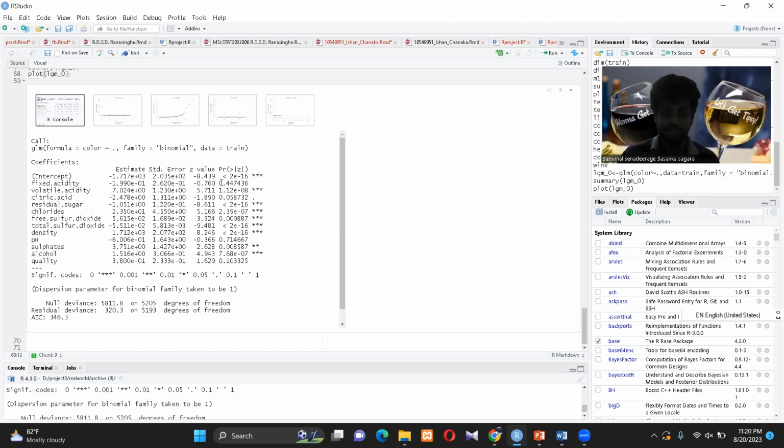I will explain the mathematical intuition later, but it's better to first get an idea of how to read these significant variables and this table, and how to use it in a useful manner. Likewise, volatile acidity is a significant variable.